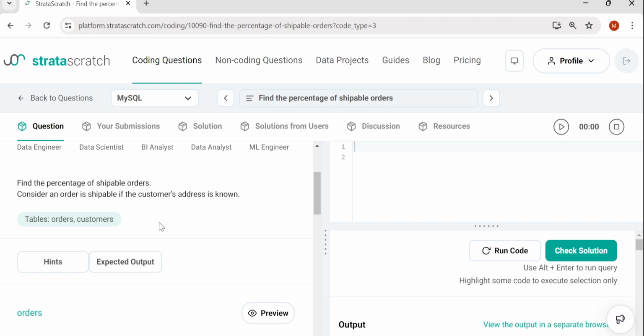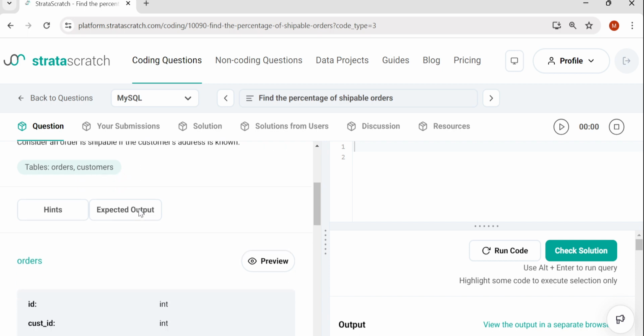If the customer's address is not defined, then the order is not shippable. We are given the orders table and customers table. Assume a customer ordered something but did not mention any details, so it cannot be shippable, right? If it is mentioned, then it can be shippable.